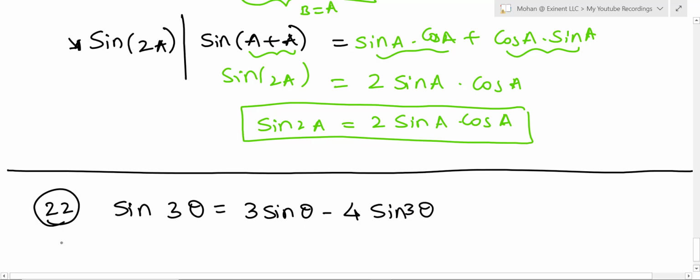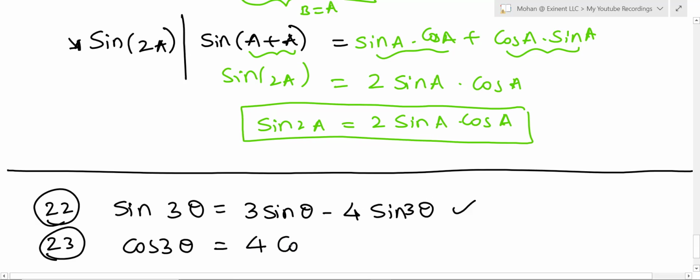Next would be cos 3 theta. Try to remember this. From this you can get a little hint: cos 3 theta will become kind of opposite. Here 3 sine theta came first and 4 sine cube theta came second. So for cos 3 theta, it is 4 cos cube theta minus 3 cos theta, kind of a little opposite. Try to understand it this way.